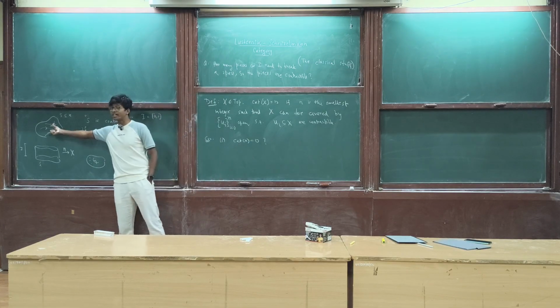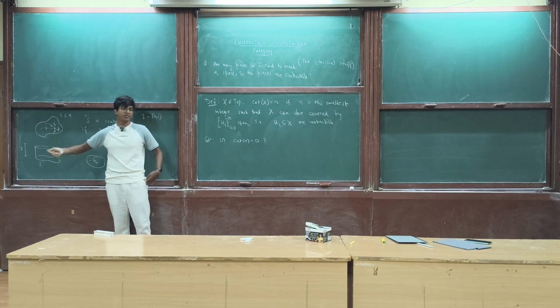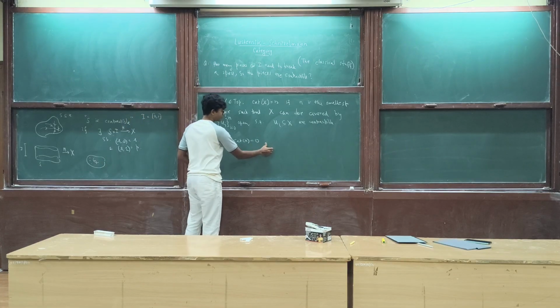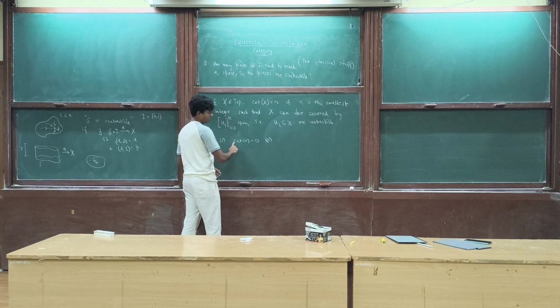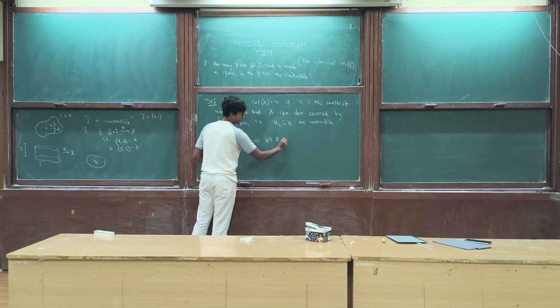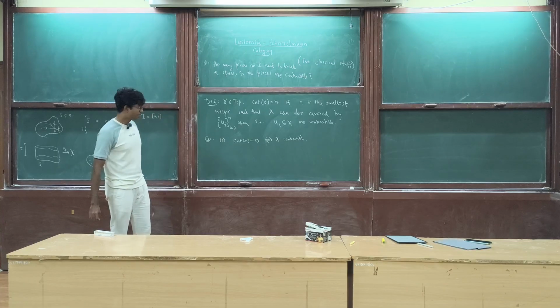So it must be contractible. If the whole space itself is contractible, then you don't need to break it up into pieces. So this follows from the definition that the category of X is 0 if and only if X is contractible. Simple enough.